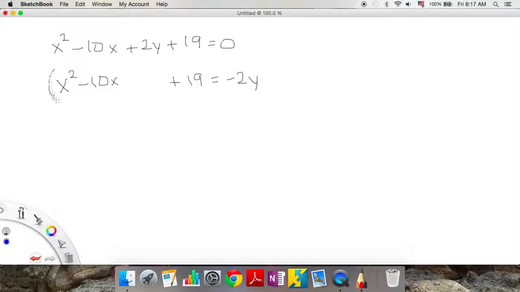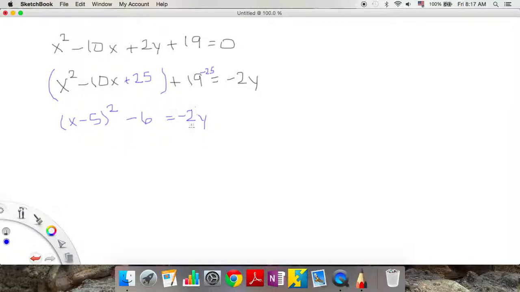If you recall, we divide this one by 2, so we get 5, and square it, so we have plus 25. Now remember, with parabolas, we still want everything on the same side. So we check there's nothing out here, so we just added 25, so that means we need to subtract 25 off here. So we end up with x minus 5 squared minus 6 equals negative 2y.